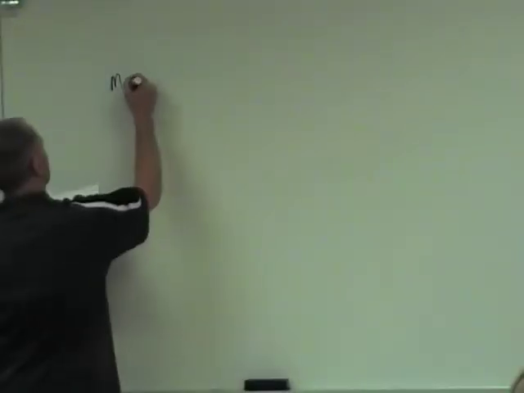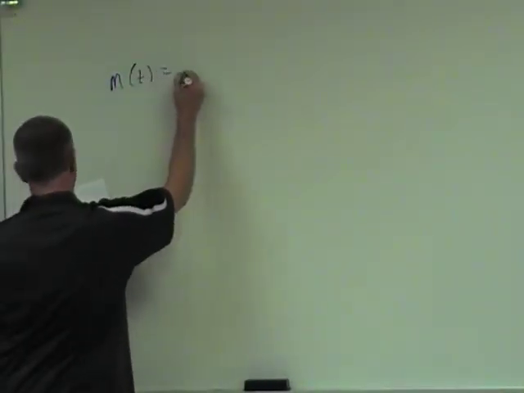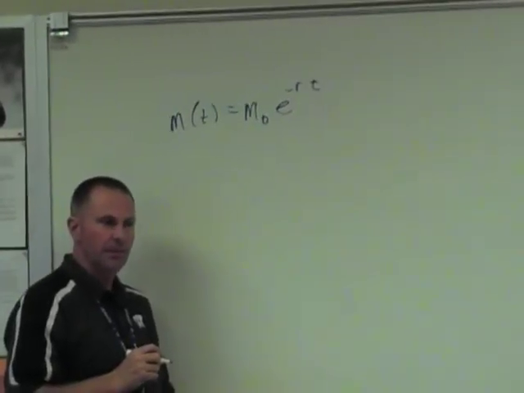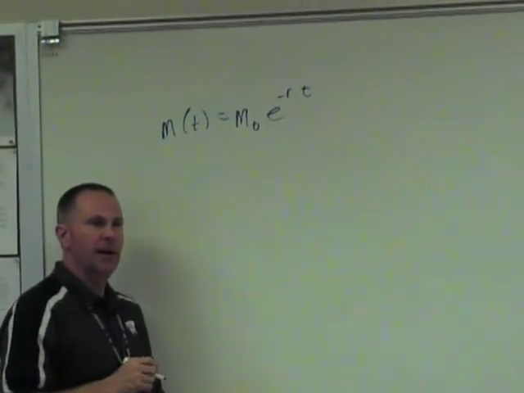Okay, so we want the decay model. M of t equals m of 0 e to the negative r times t. I don't know what the original amount of carbon-14 was. I do know I have 59% of it left.